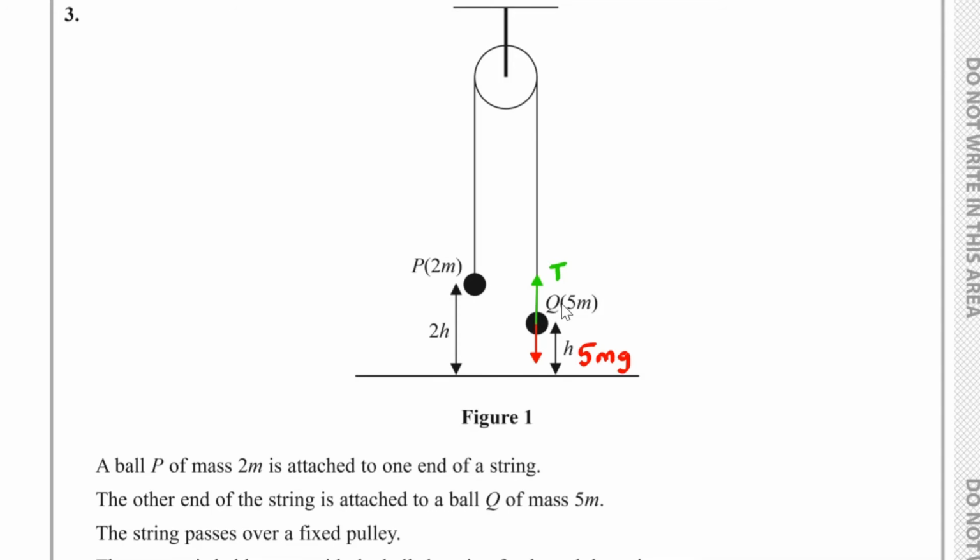And when Q moves downwards, P would move up. And that's due to the tension, and what's opposing it is the weight 2mg.